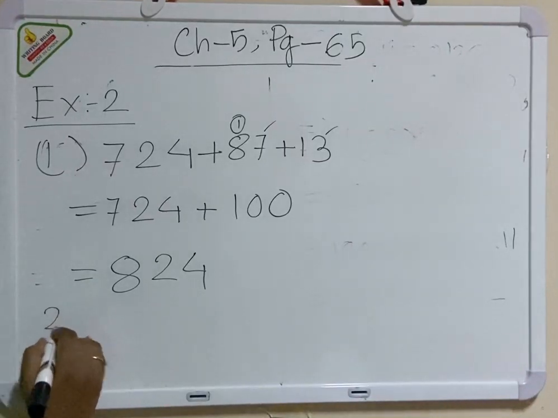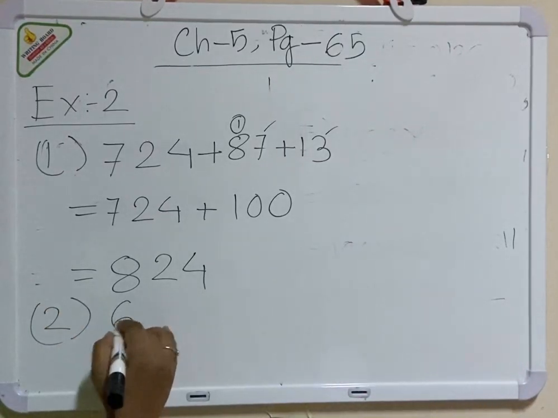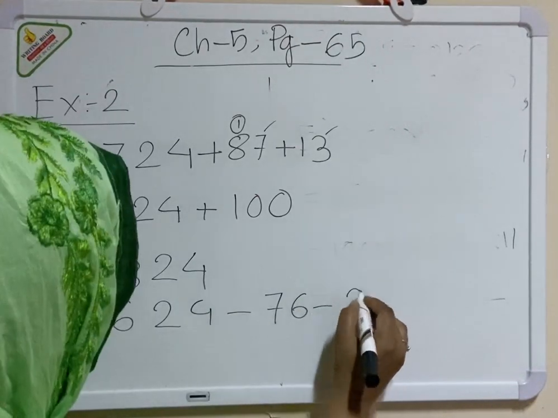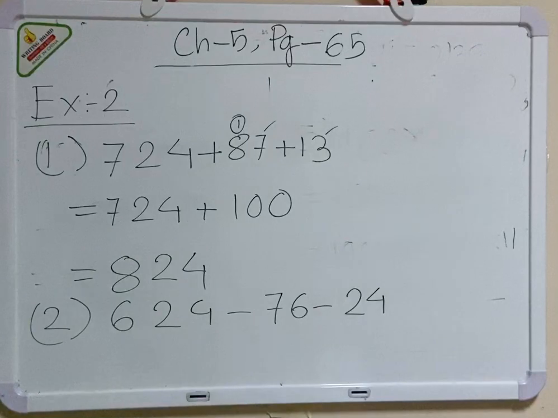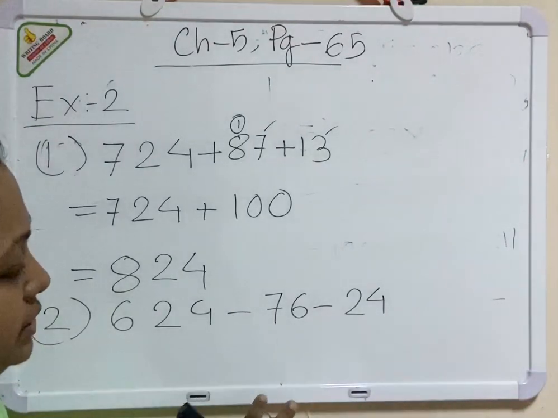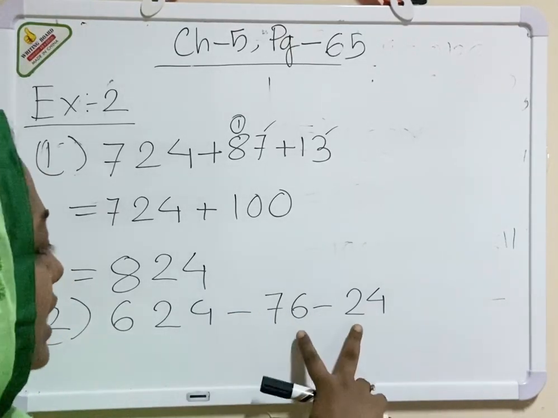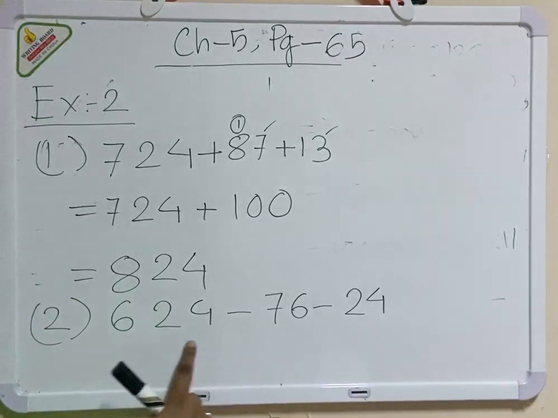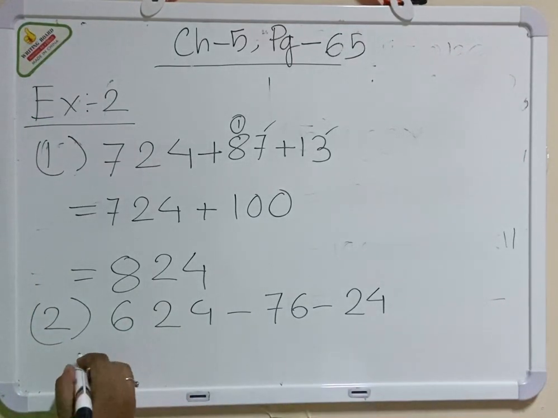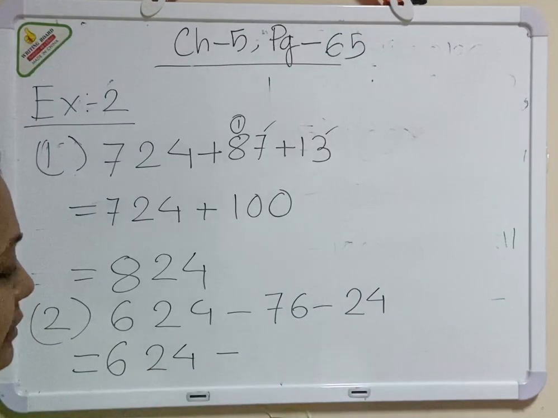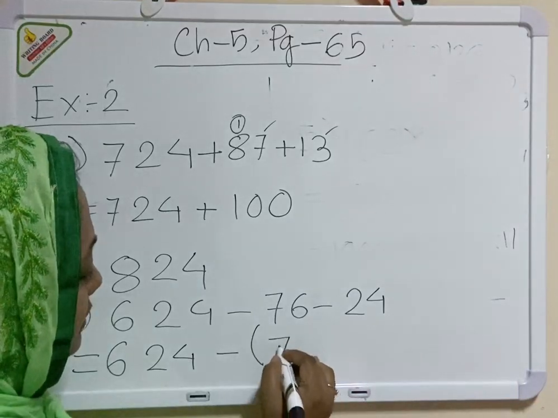Now I show you question 2: 624 minus 76 minus 24. You can do step-by-step subtraction, or rather, as these two numbers are subtracted, I can add these two numbers and afterward subtract from the 624. That means 624 is like that. I'll take the minus common and keep the bracket.